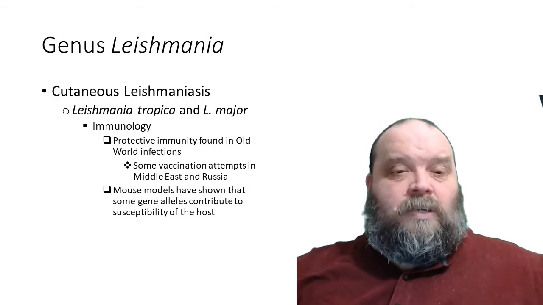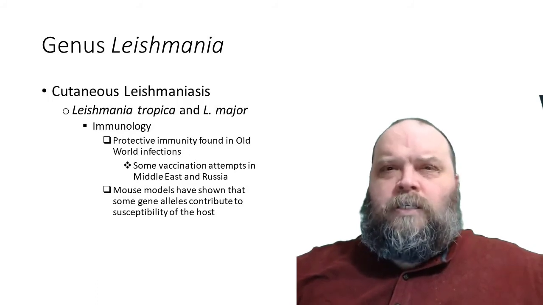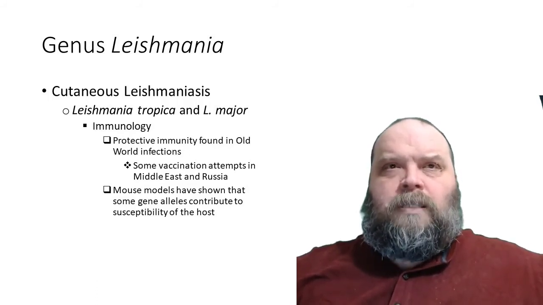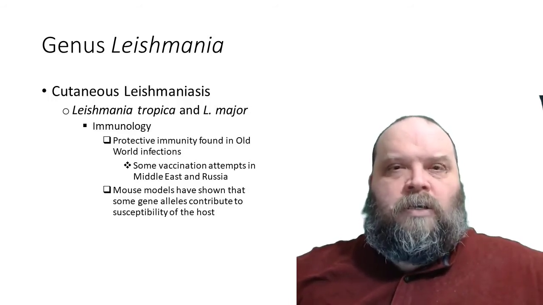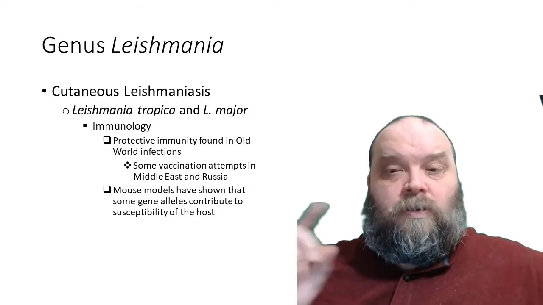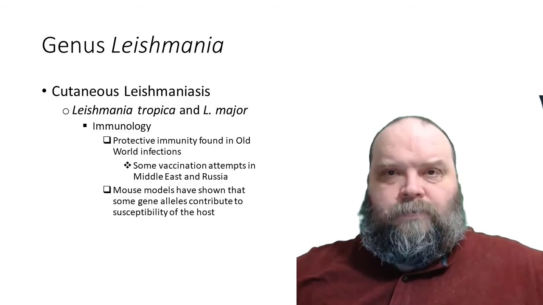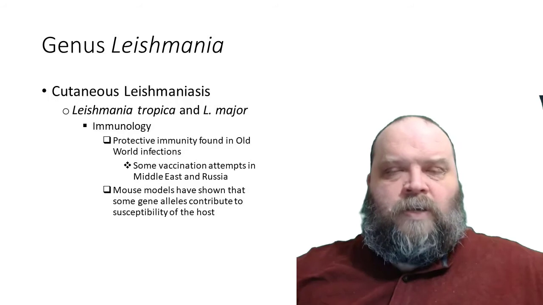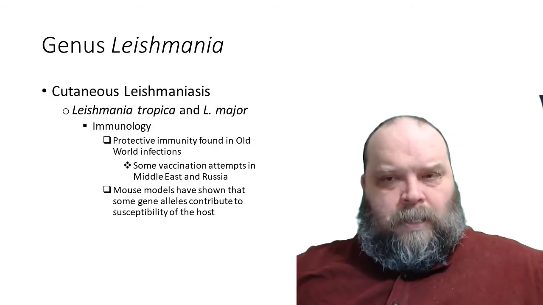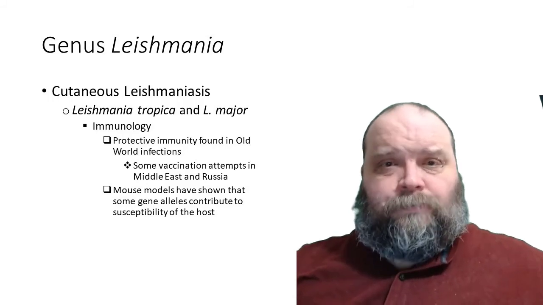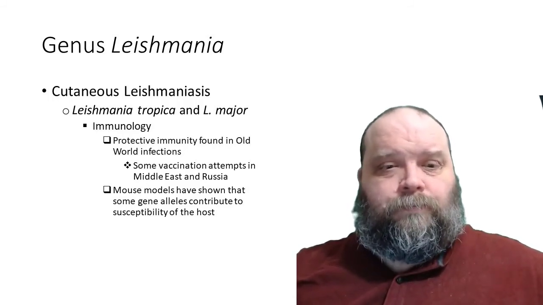Because of this, in different parts of the Middle East and in Russia, they tried to make this into a childhood vaccination. Go through and just vaccinate everybody. They ran into some problems there. Secondary infections, ulcerations, and so on meant that they abandoned this and haven't tried to pick it up since.